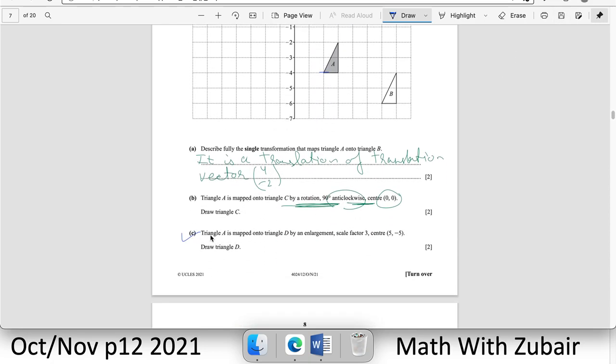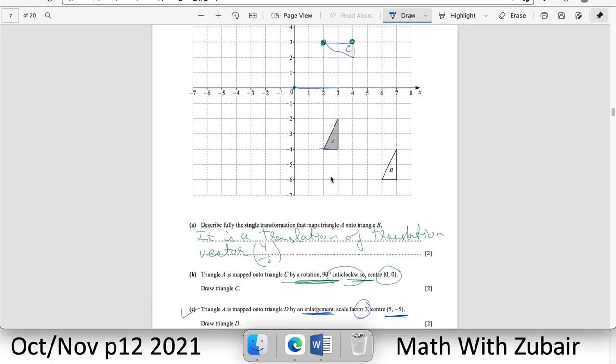C part. The triangle A is mapped onto D by an enlargement of scale factor 3 and center (5, -5). So here is (5, -5). This is the center. The enlargement is scale factor positive 3. So what you need to do is hold your ruler and pencil and mark the line through this point first and extend it.